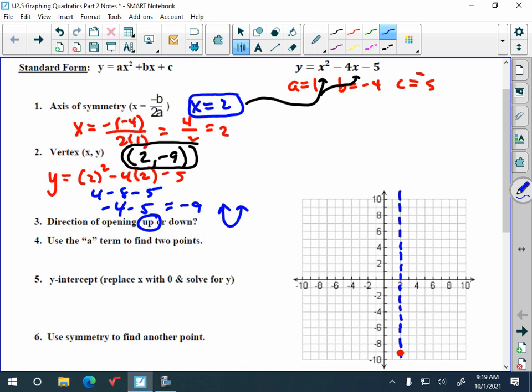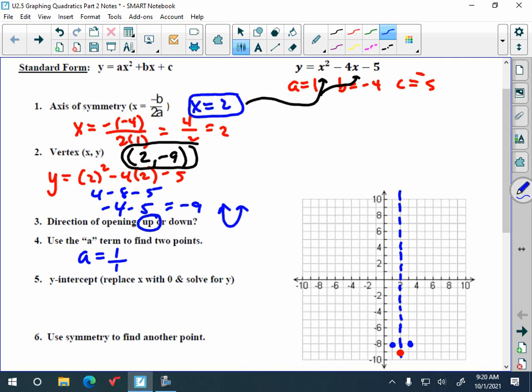Since it's going up, and the a value is 1, just put it over 1 as a fraction so you can see it. So from here, we're going to go up 1, left 1, up 1, right 1. Our a value is 1 over 1, think of it that way. All right, so there are 2 points.